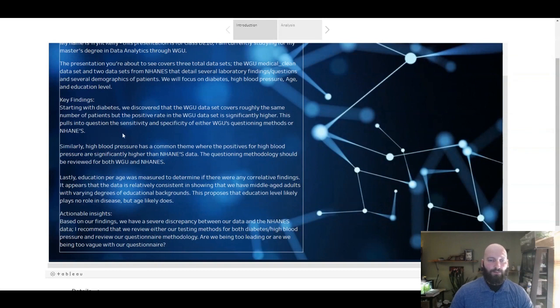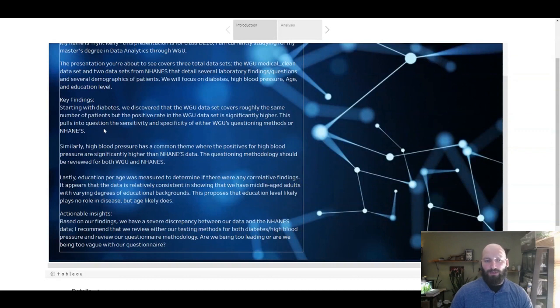If we were pulling glucose levels and high blood pressure from patients, and that's what we are reporting on, I would want to investigate our sensitivity and specificity for those tests to make sure that we are indeed having true positives and true negatives being reported.